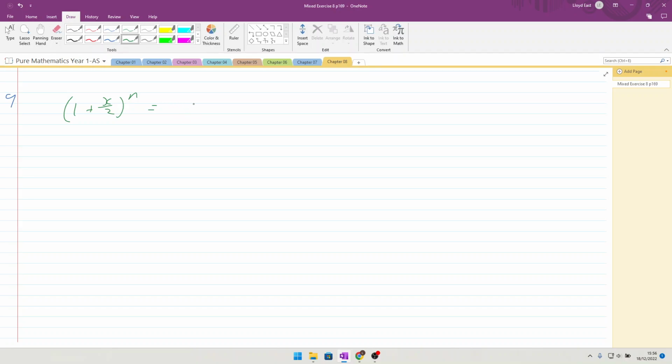And so we can find that 7x: we can do nC1 times 1 to the power of n minus 1 times (x over 2) to the power of 1 is equal to 7x, I believe.